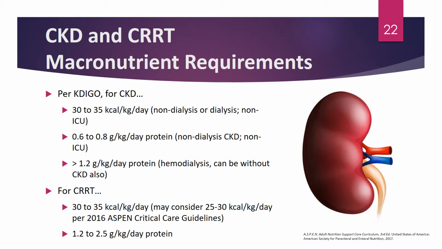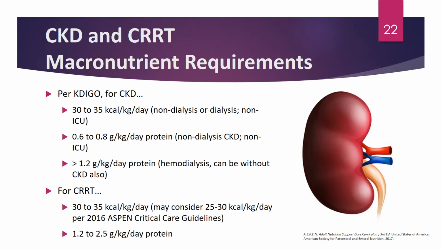In regards to chronic kidney disease and CRRT patients, in chronic kidney disease patients, their calorie needs are higher than our normal patients. They get anywhere between 30 to 35 kilocalories per kilo per day, whether they are on dialysis or not. In regards to protein requirements, this is where some confusion can pop up.